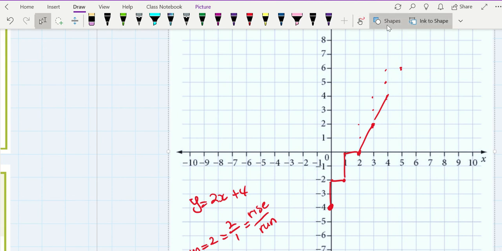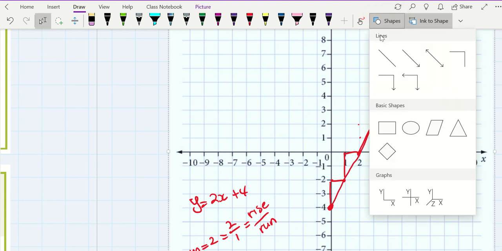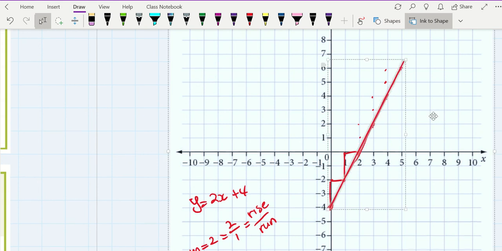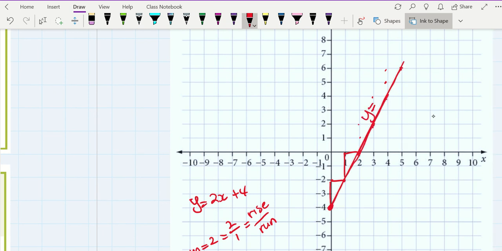And then we just draw that in. Let's sketch our line in. Oh, that looks like a dog's breakfast. Sorry, students. But you can see that we have a linear graph here, and on the line we'll write our linear function y equals 2x minus 4.